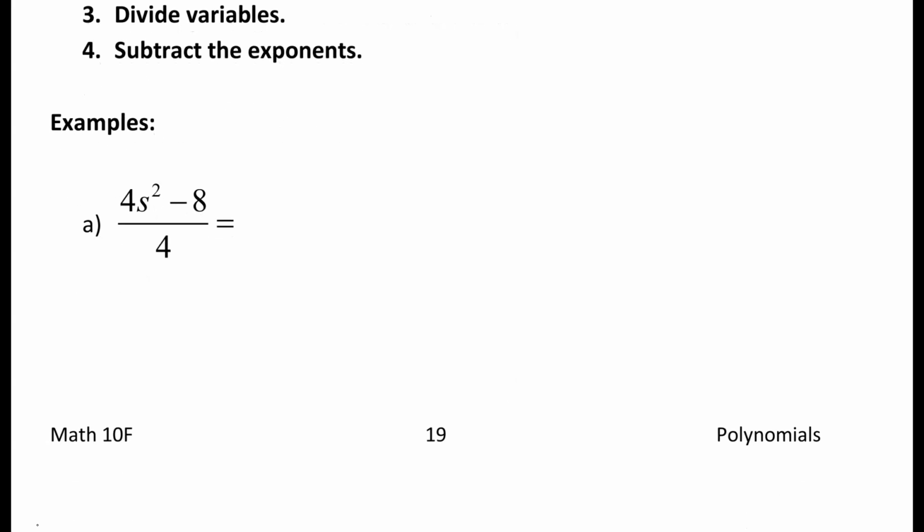In this first example, we have 4s squared subtract 8 over 4. So we want to separate them, so divide each term in the numerator by the denominator. So we have 4s squared over 4 subtract 8 over 4. So that 4 on the bottom is affecting both terms on the top.